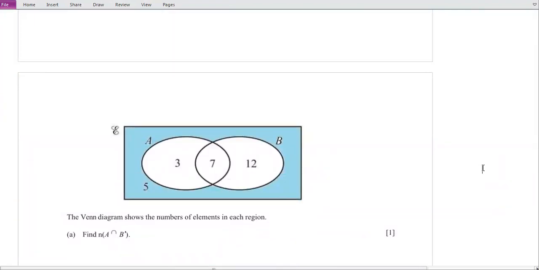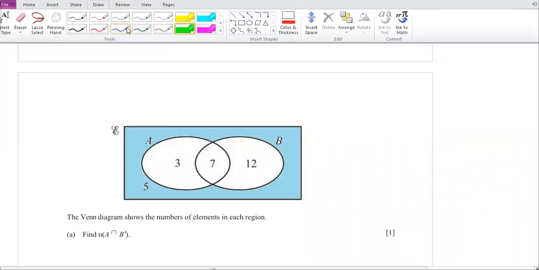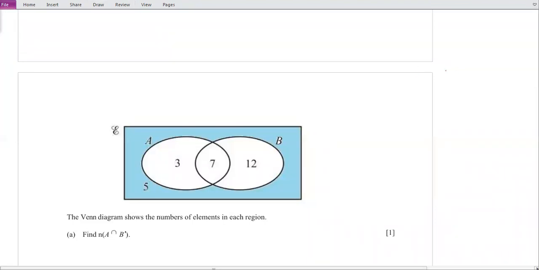All right, right now you can see a question on your screen. Before starting, keep in mind, if I write NA, it means the number of elements within A. Also, if I have a set and inside it I write 1, 2, 3, these can be treated like numbers 1 to 3.